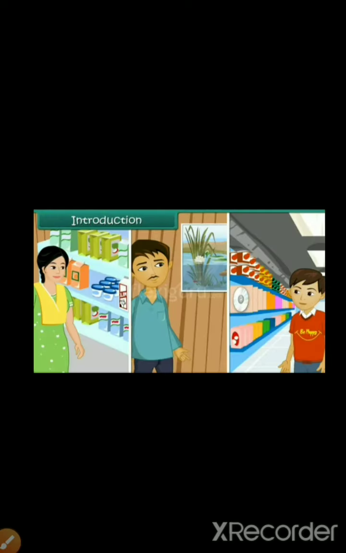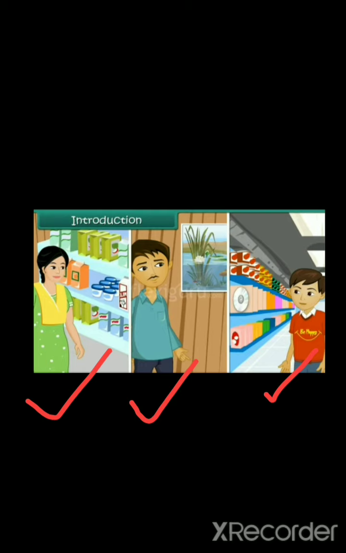In this combined picture, you can see that the CD department is in a different category, the picture department is in a different category, and the grocery department is in a different category in the departmental store. Why is it so?